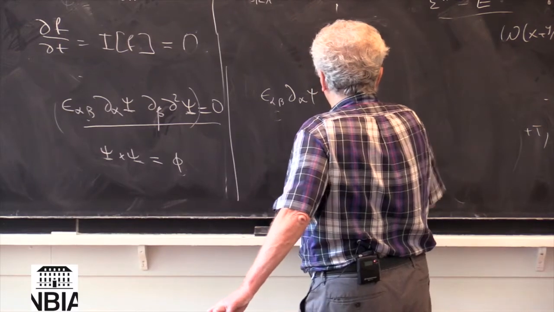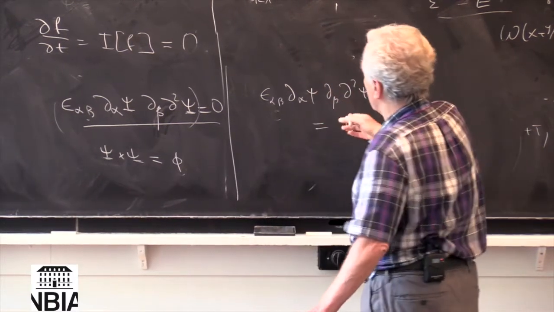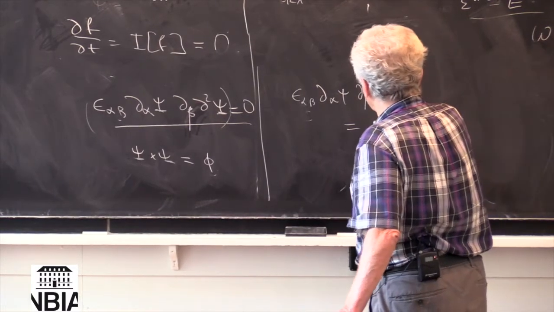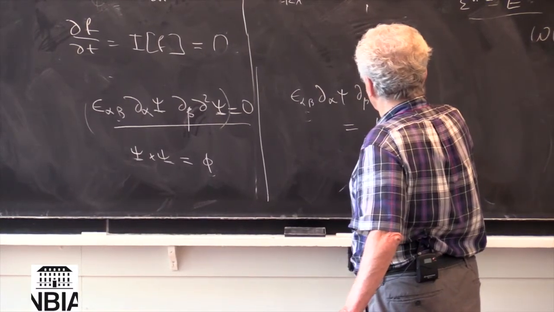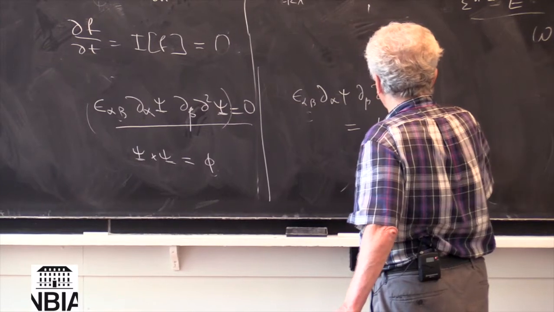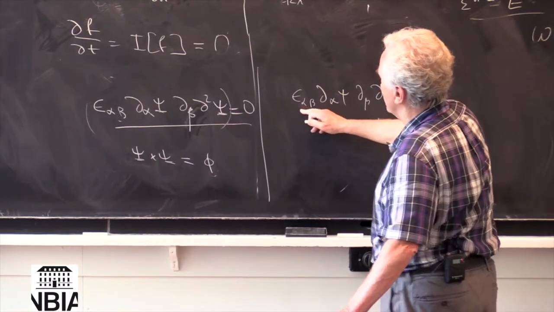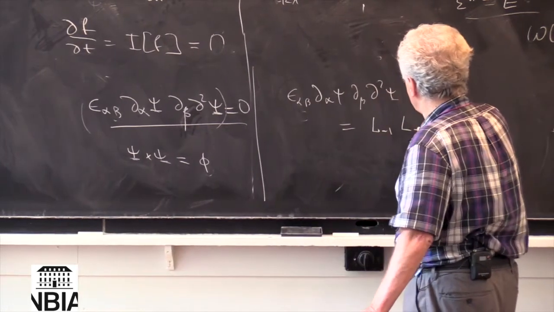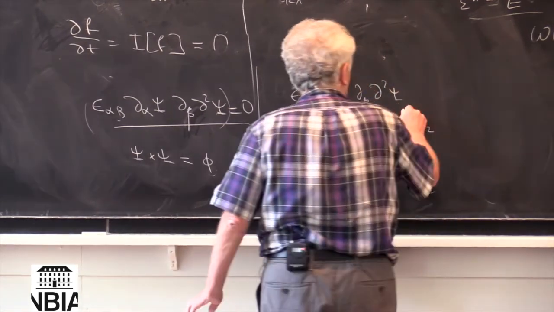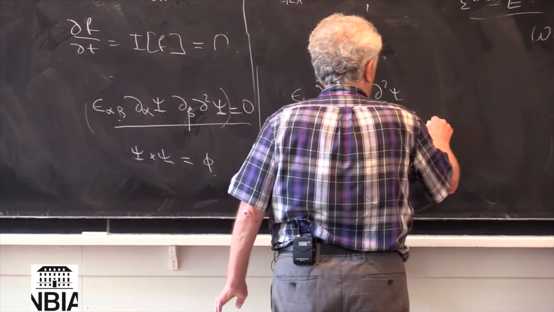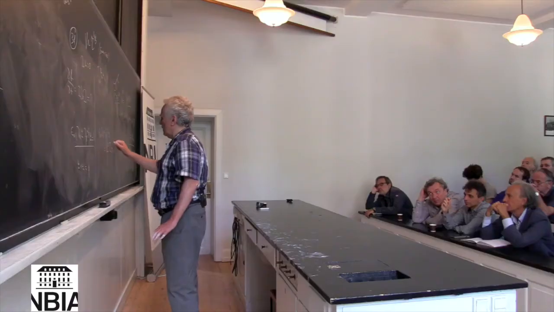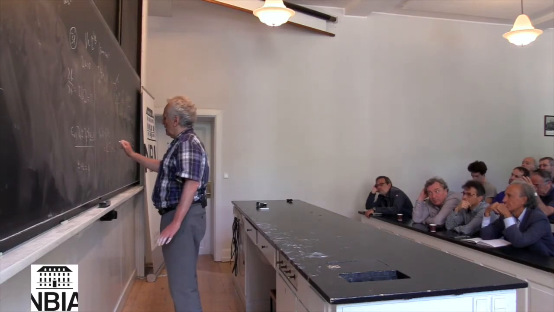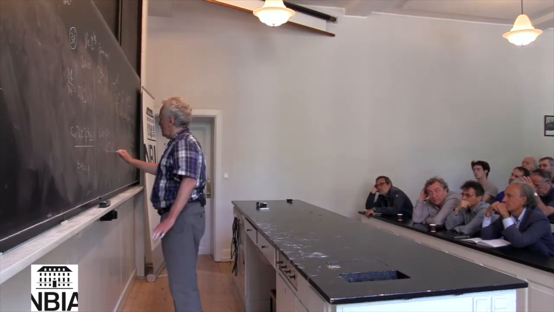It cannot be a primary operator because there are no primaries of this type. And in this simple case, it must be time reversal non-invariant. And the only expression one can write is this one.